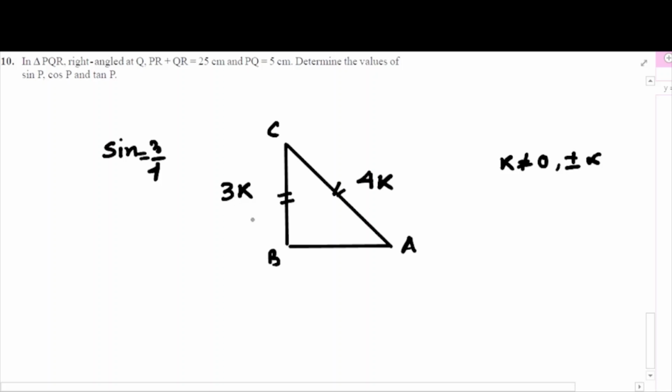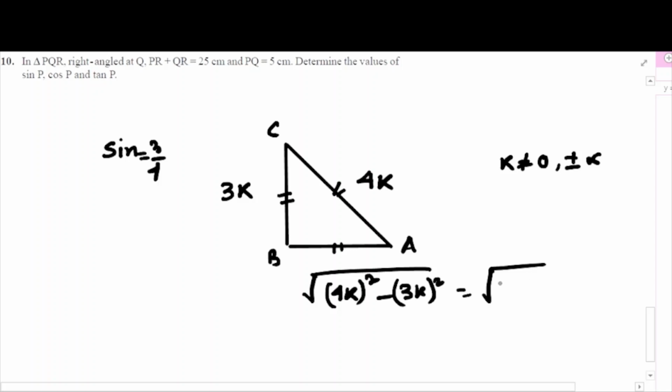Now here we have to find the value of AB. So by applying again Pythagoras theorem, what we get? AB is equals to root over 4k whole square minus 3k whole square. So 16k square minus 9k square, I am getting root over 7k square. That means root over 7k. So AB is equals to root over 7k.